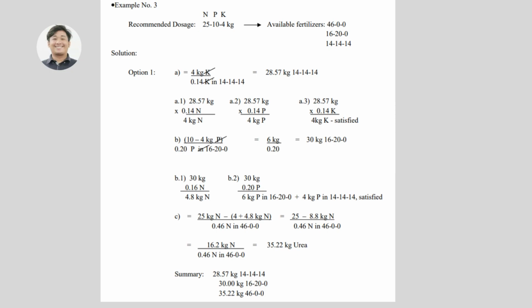The urea bag has 0.46 nitrogen. So 16.2 kilograms of nitrogen divided by 0.46 nitrogen in the 46 bag is equal to 35.22 kilograms of urea. So in summary, we need 28.57 kilograms of 14-14-14, 30 kilograms of 1620, and 35.22 kilograms of urea.